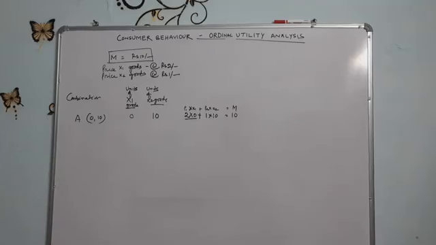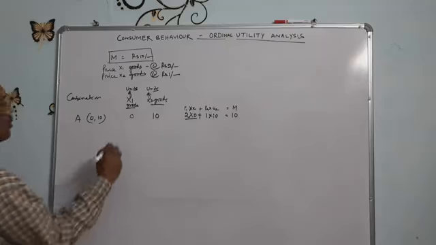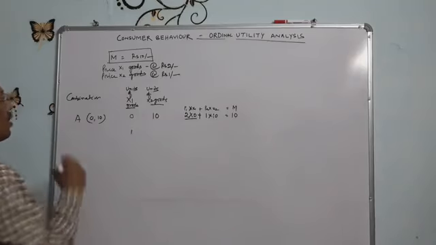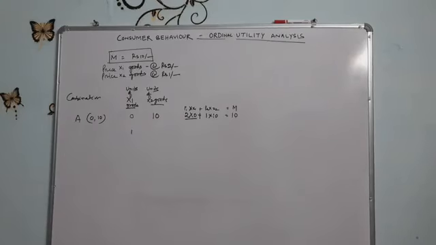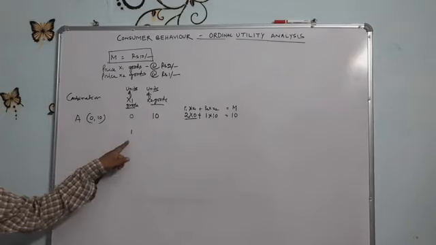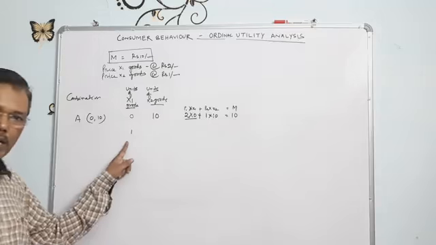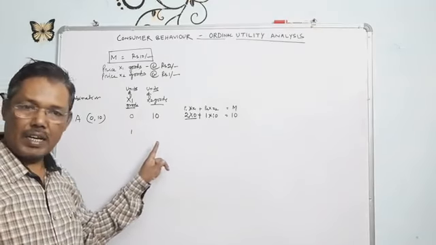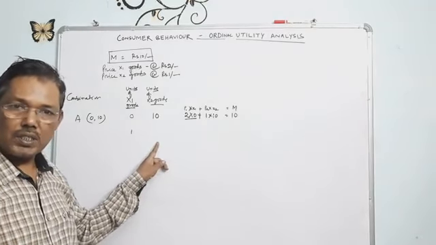If he purchases 1 unit of good X1, it means he spends 2 rupees on X1. The remaining amount is how much? 8 rupees.